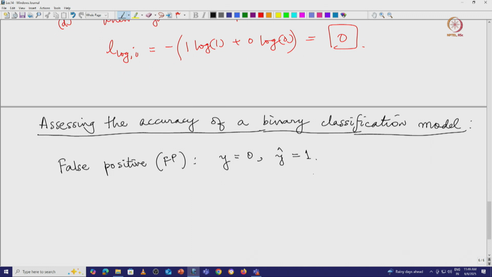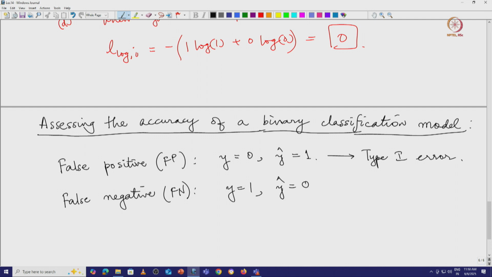So this is a false positive and this is also called a type 1 error. You could instead also have a false negative, FN, and in this case your y must have been 1 but incorrectly you have said that it belongs to class 1 and not class 2. So this is a type 2 error.